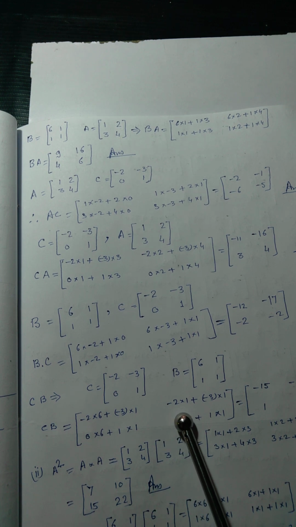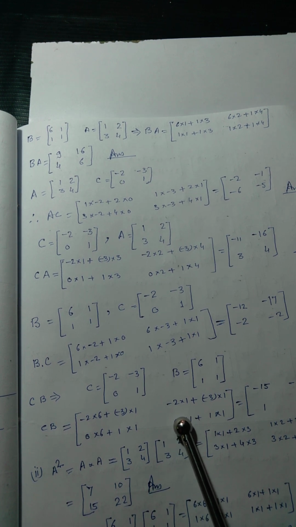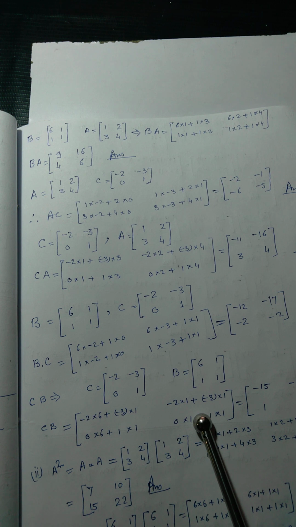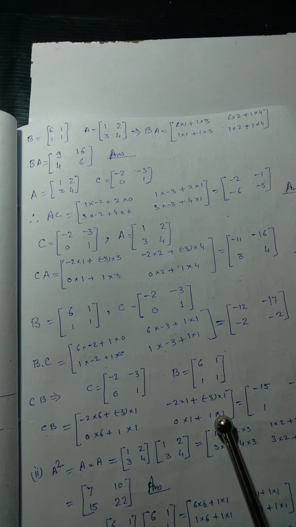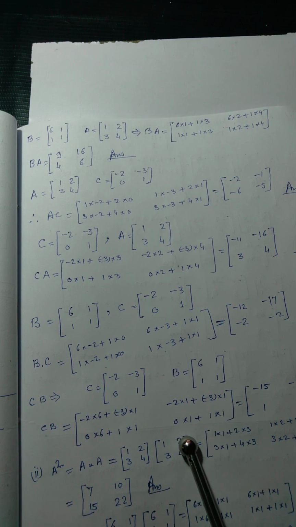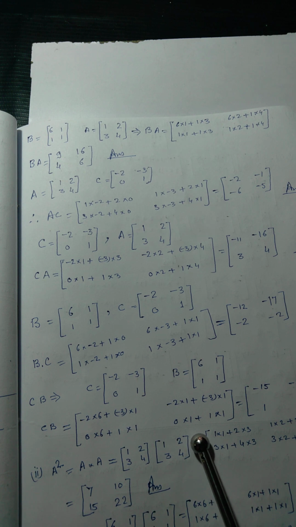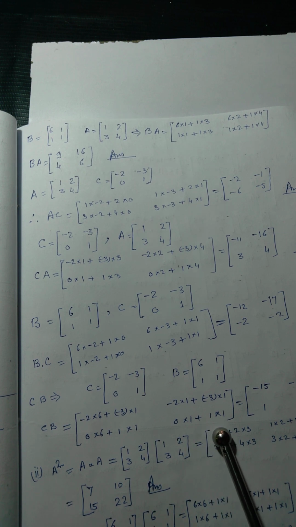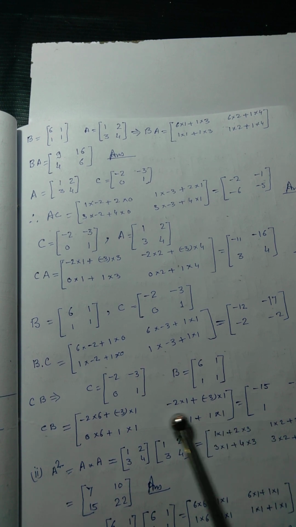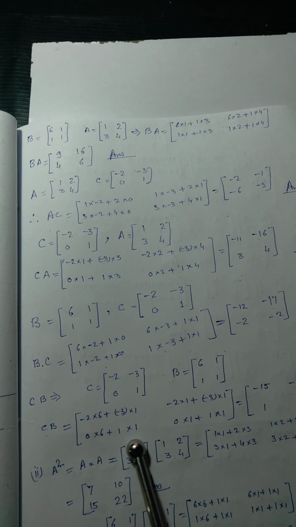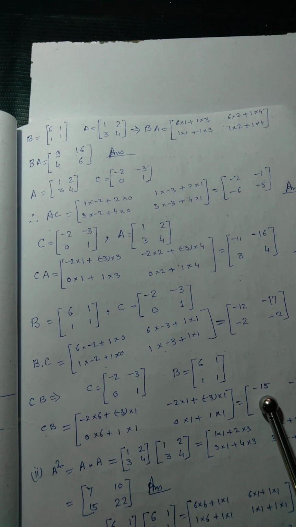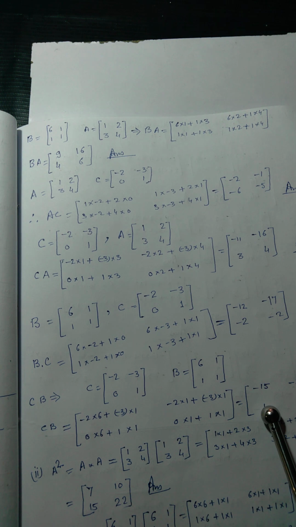Now minus 2 into 1 plus minus 3 into 1, and 0 into 1 plus 1 into 1. Now work it out or solve it. You will get minus 15, minus 5, 1 and 1.